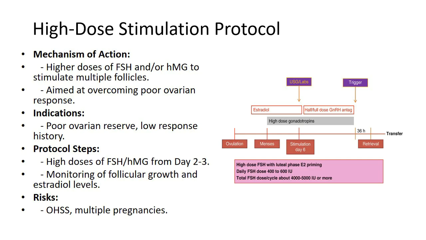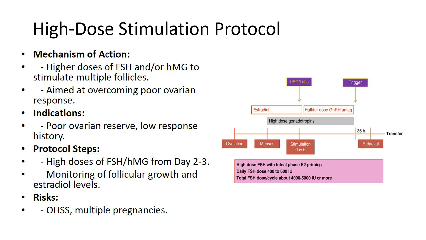Indications: women with poor ovarian reserve or low ovarian response to stimulation, women undergoing egg donation protocols. Protocol steps: stimulation phase. Higher doses of FSH and HMG are administered, typically starting from day 2 or 3 of the menstrual cycle.